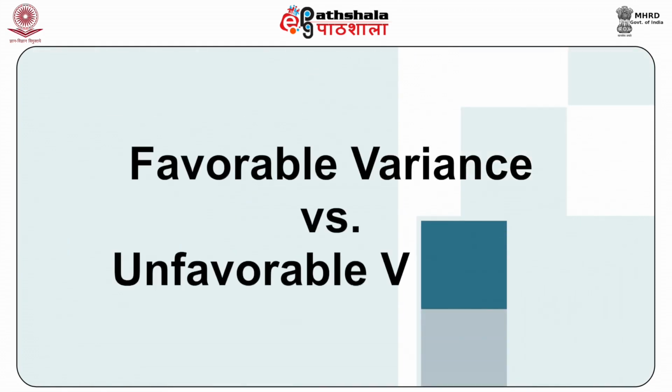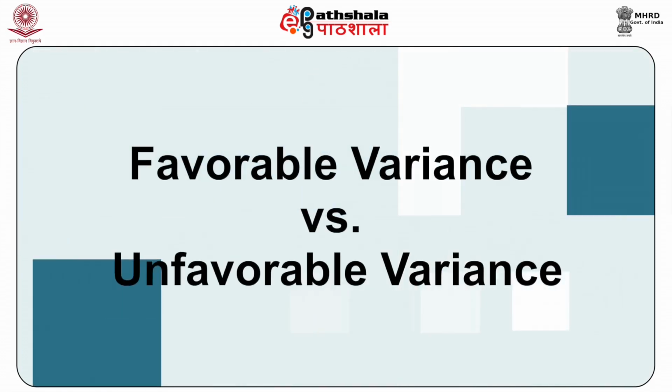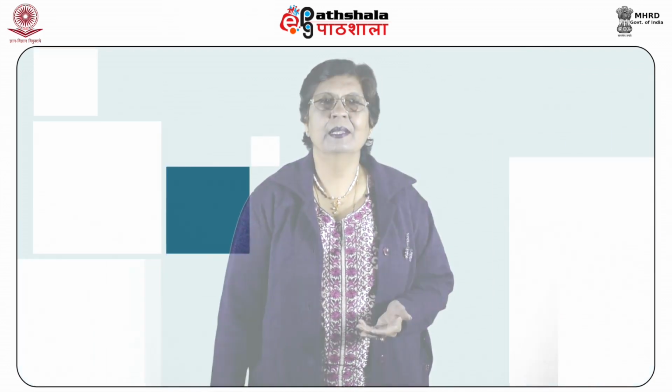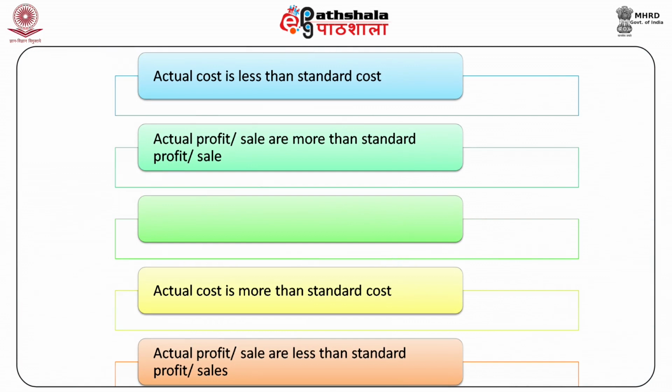Number 1, favorable variance versus unfavorable variance. The simplest thing is to judge the favorability of the variance. We can say that the variance is favorable or good when actual cost is less than standard cost and actual profit or sales are more than standard profit or sales.